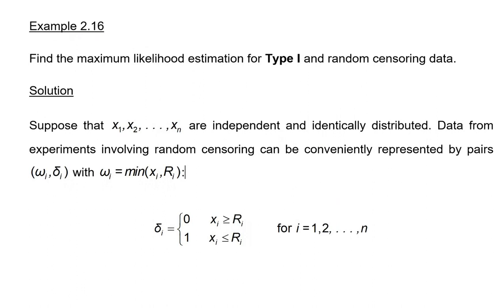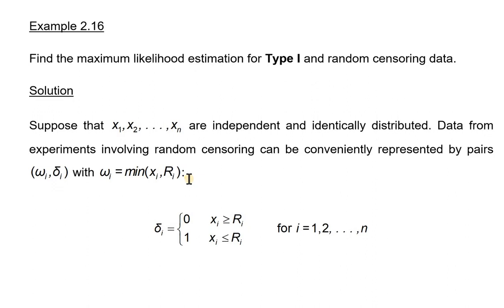Let's move to the next example, which is the Type 1 censored data. Let's represent all the data as X1 until Xn. Because it is time censored, we do not know how many data we are going to record the exact time of.